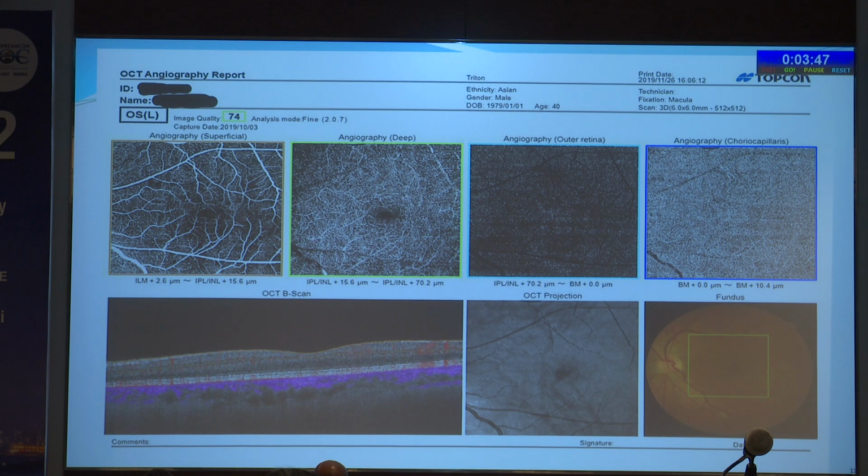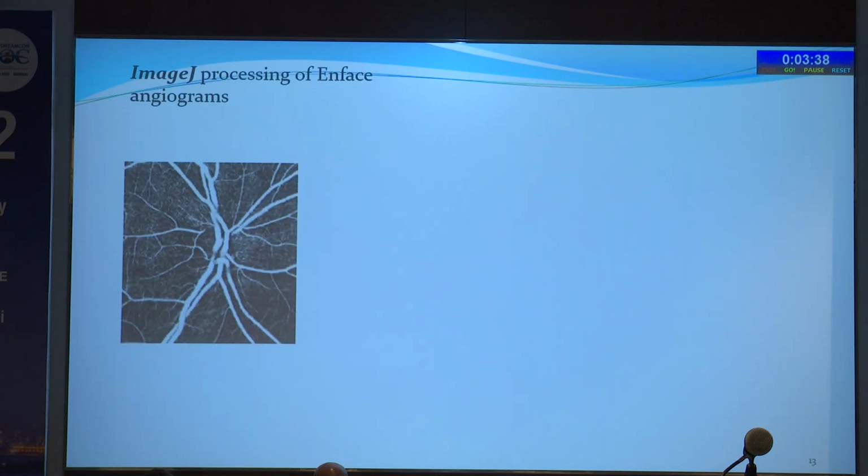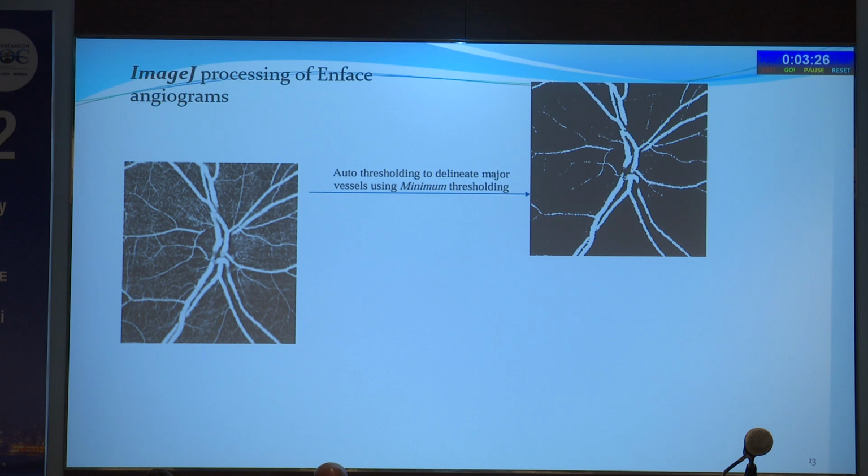the level of the macula. To quantitatively measure the vascular index, we used the ImageJ software, where we imported the OCTA image, converted it to an 8-bit image, then used an auto threshold program with minimum thresholding to delineate the major vessels. The same image was again reopened in a different window where we used local thresholding using the Phansalkar algorithm to delineate the microvasculature.